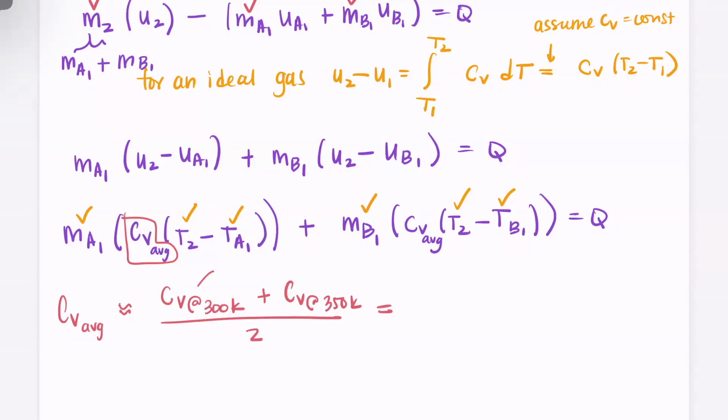This one is 0.744 kilojoules per kilogram K. That's from the table. And then this one is 0.746 kilojoules per kilogram K. And we get 0.745 kilojoules per kilogram K.